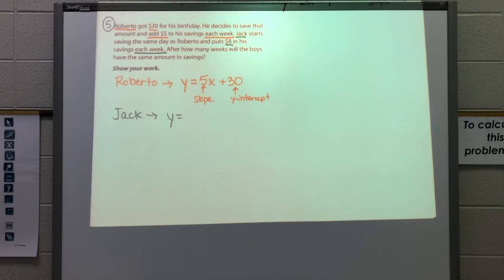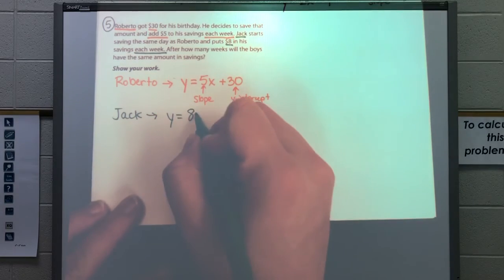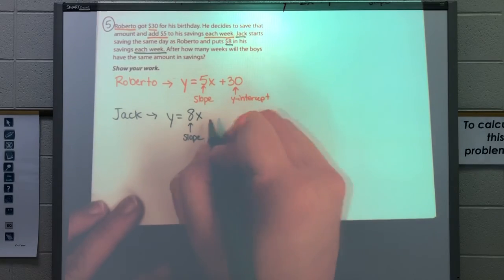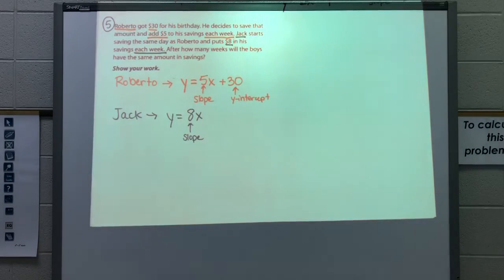He just has $8 each week. That's more than what Roberto is putting in each week, but Roberto also starts with $30. So we're going to write Jack as 8x, where this is my slope, plus 0, so he would start at 0 if we were to graph this.